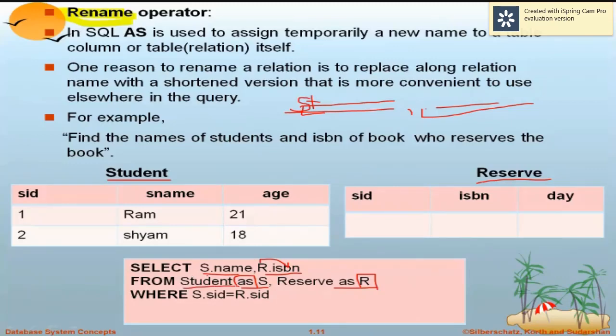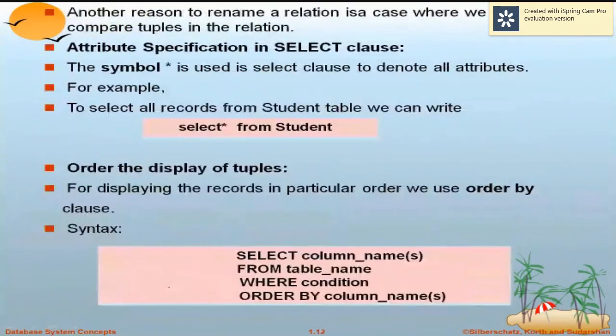So this example is pretty clear, and let me remind you again: the AS operator is used in the from command to rename tables or columns. It is used for simplifying your work of writing queries, since you need not write the long names again and again.